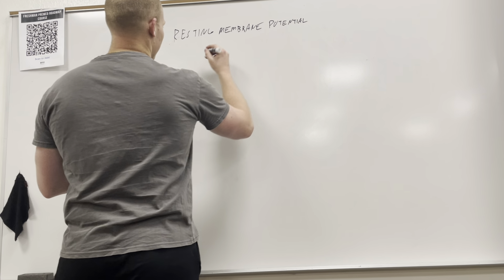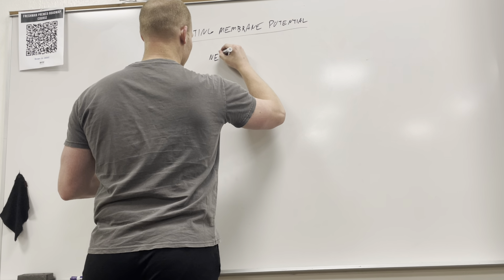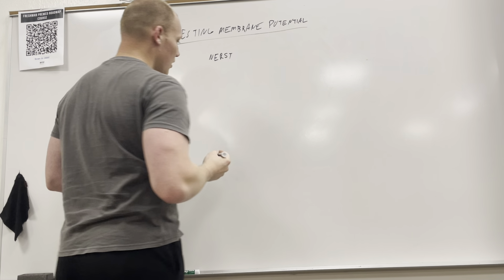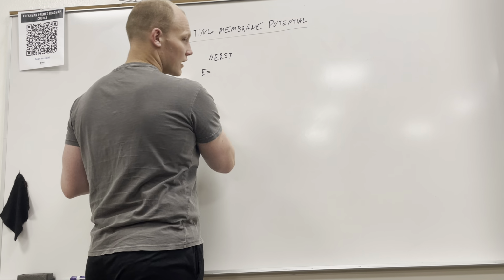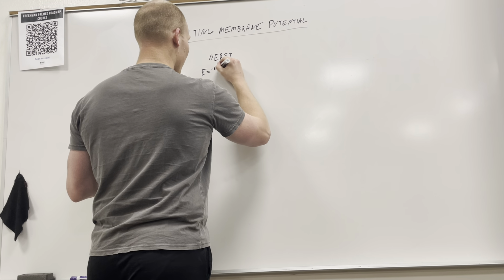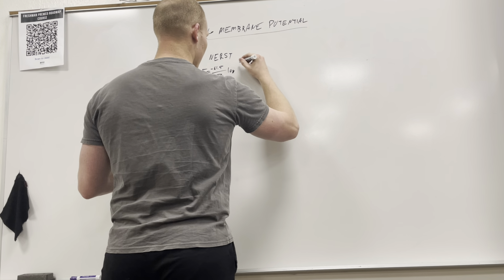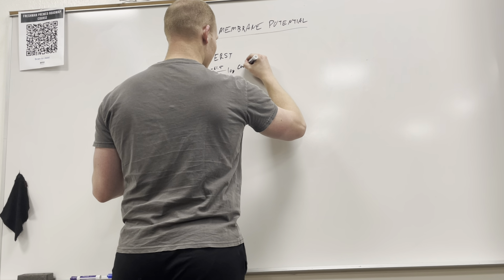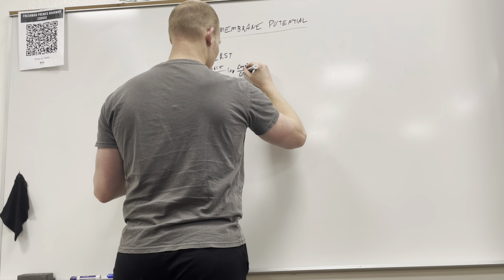And the way we do this is through the Nernst equation. This equation is equal to negative 61.5 over Z log base 10 of the concentration outside the cell over inside the cell.